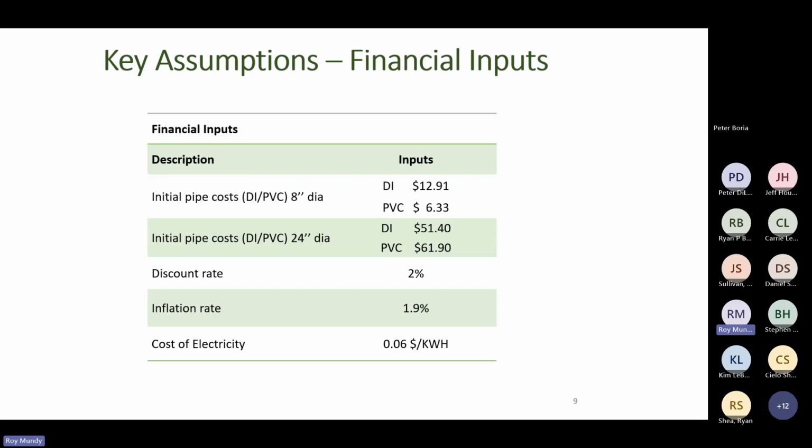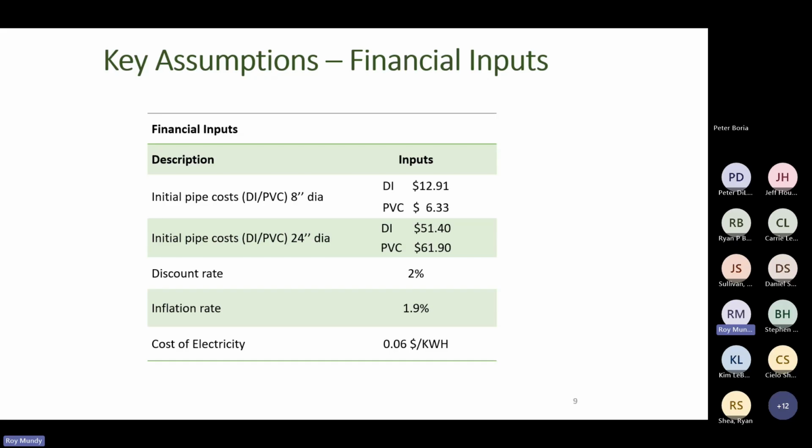Now, I can assure you, in the presentation that's coming after this one, this is all going to be cleared up because we will have current numbers in that presentation. But as you can see, these numbers obviously are 2016 numbers.